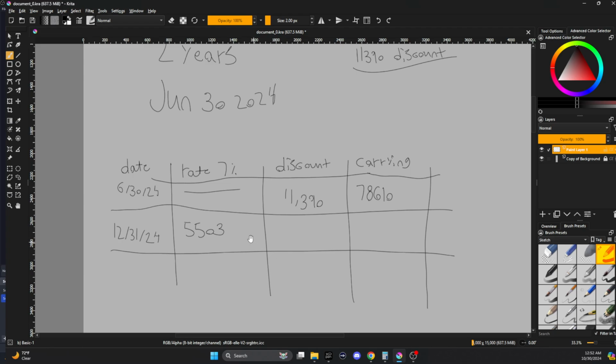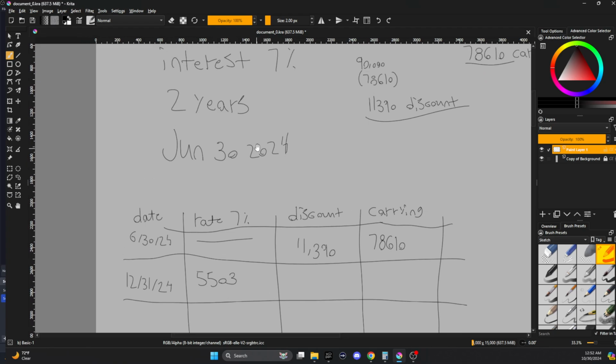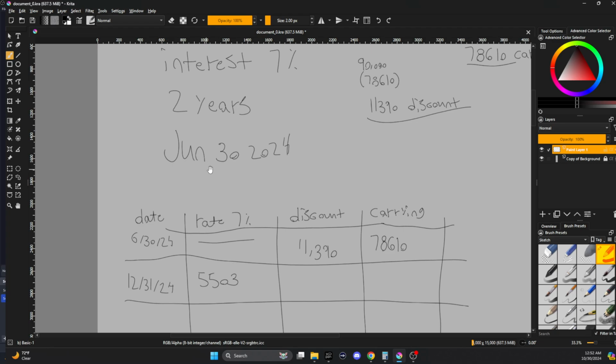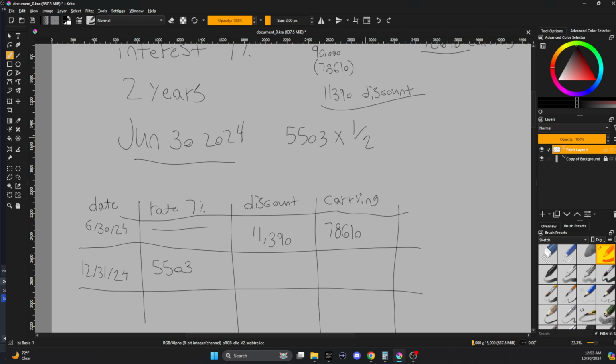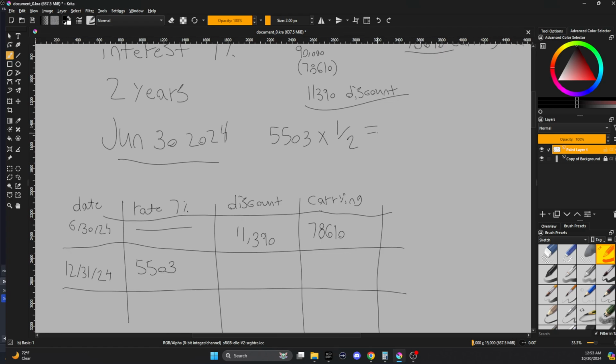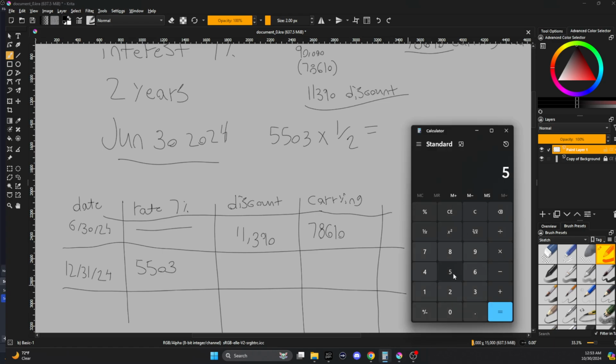But this number is not exactly going to be correct because this is going to be an annual rate. So it begins on June 30th, and it ends on December 31. So we would have to take 5503 and multiply it by 1/2. And let's see what that would give us. 2752.